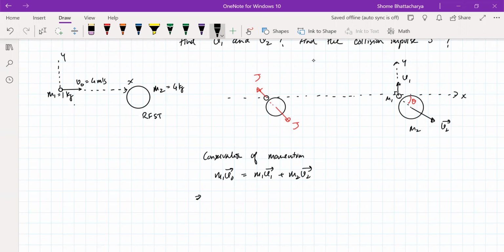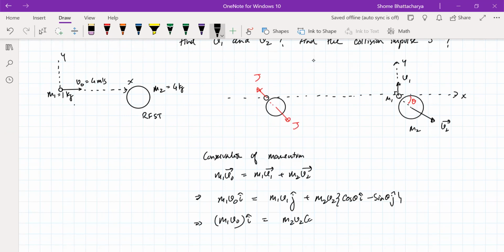So when I write this in component form, I have m1 v naught i cap is equal to, on the other side, m1 v1 j cap plus m2 v2 into cos theta i cap minus sin theta j cap. So this is my equation in component form.